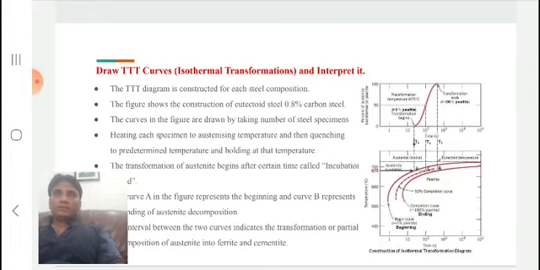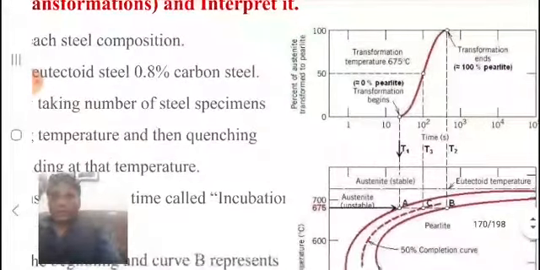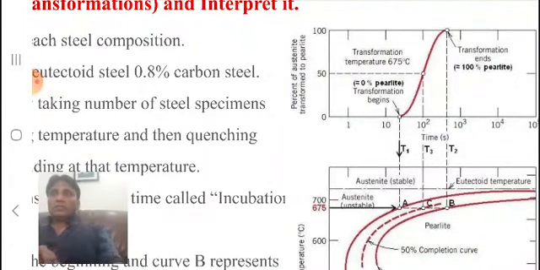So here we can see in the S curve that the transformation of austenite starts at somewhere after 10 on the time scale, and it has completed the entire transformation after more than 1000 seconds.